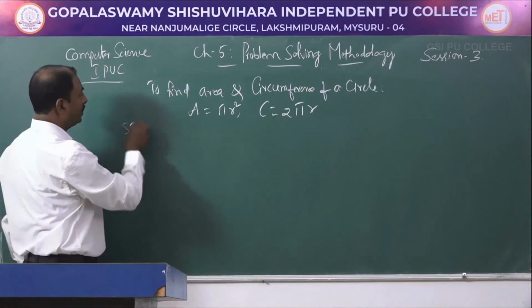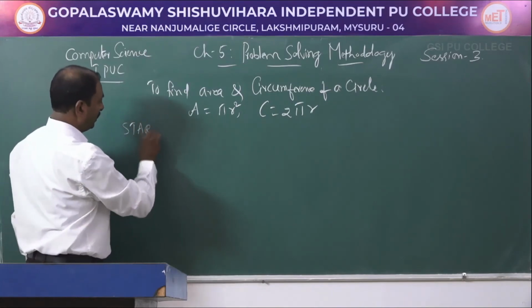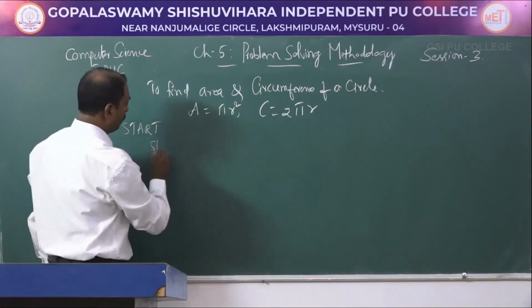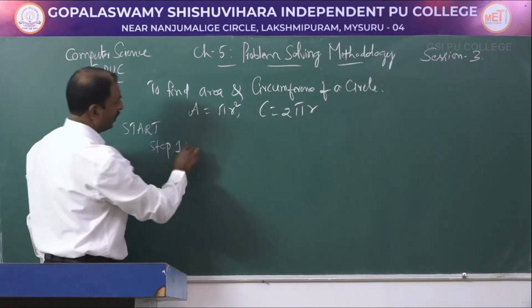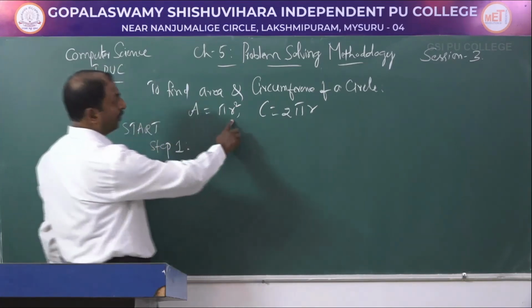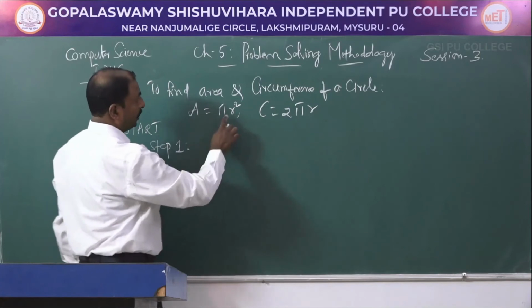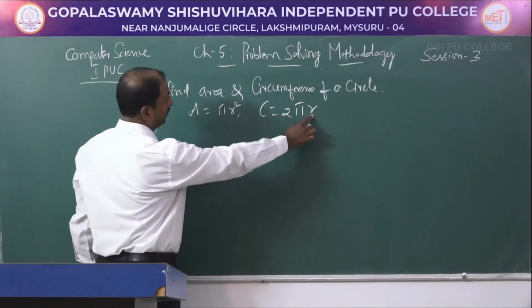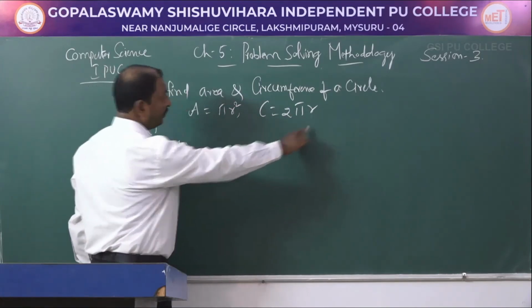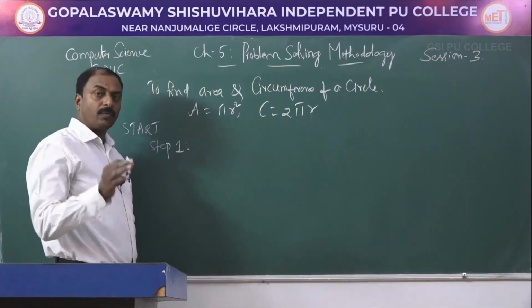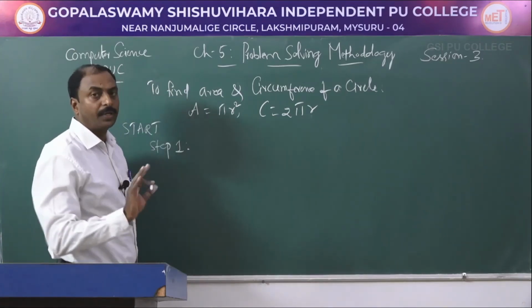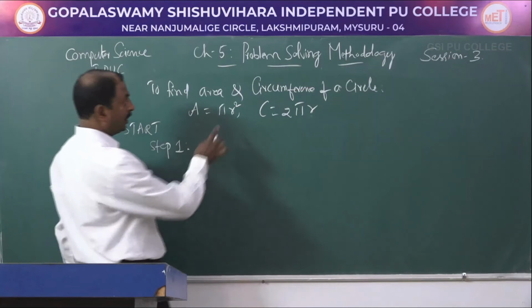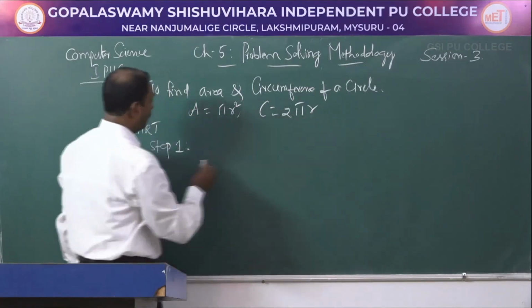So let us start the algorithm. Start. Step 1. You know what is step 1 here? We have to input radius. So here this radius and this radius both are same. We need not input R1 and R2. There won't be any 2 radii, only 1 radius. So we have to enter only 1 radius.